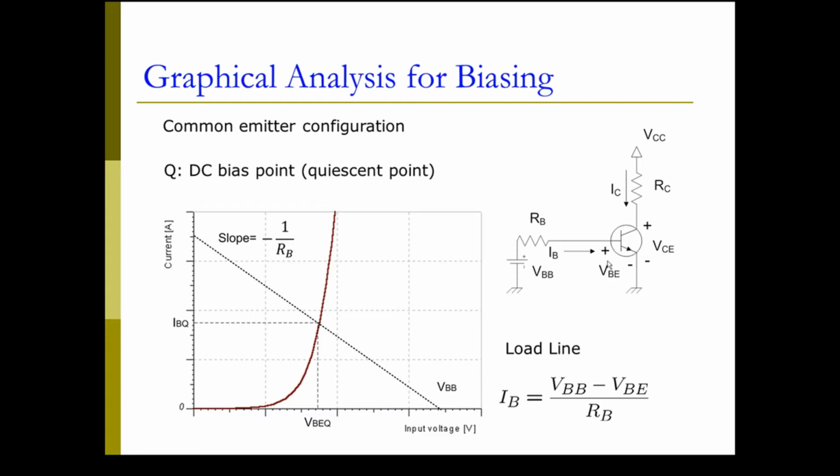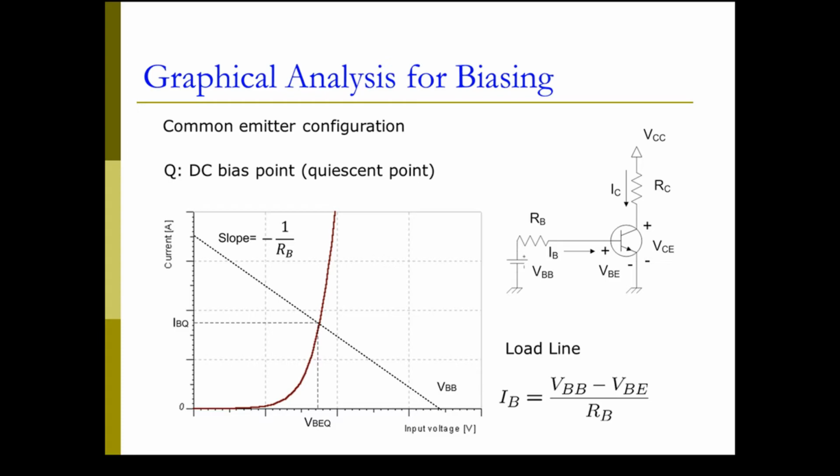If we look at the base input side, we are going to have our bias voltage VBB here. And this VBB will put this base to emitter junction in the forward biased condition. Then we are going to send current, capital IB, into the circuit. And this RB resistor here will regulate the current, right?